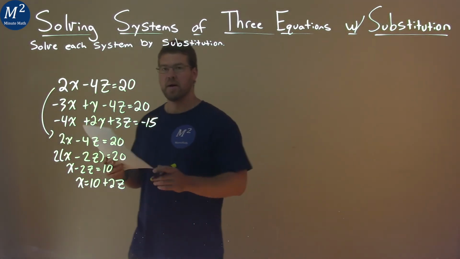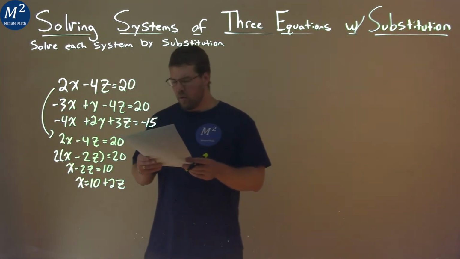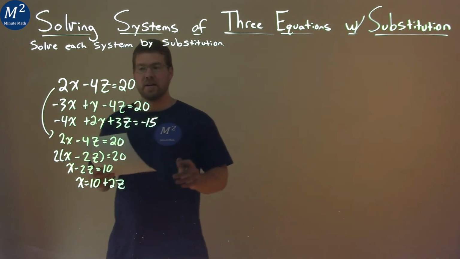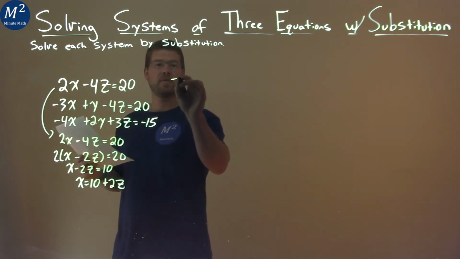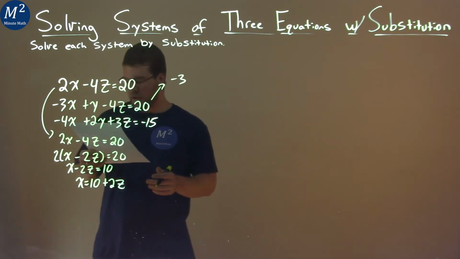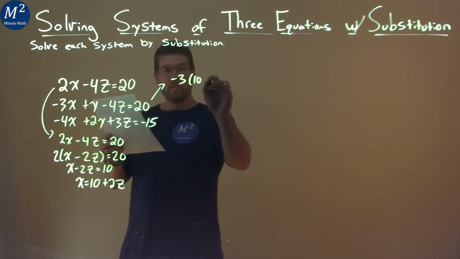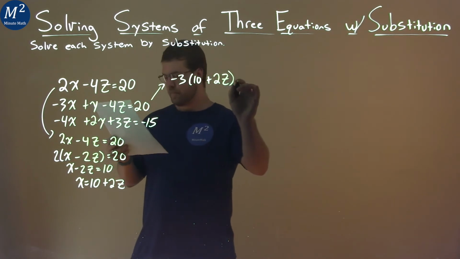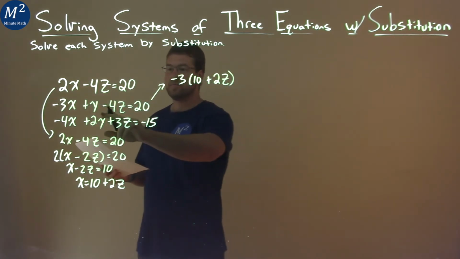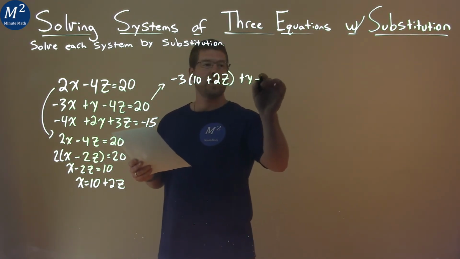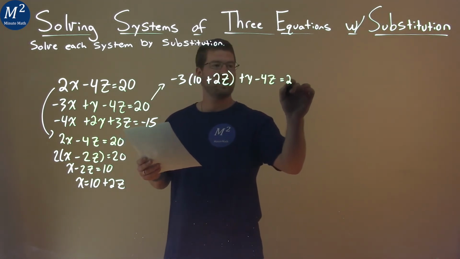Pretty easy to get x by itself. Well, I can use that information now with my second equation. So negative 3 here. But instead of x, I'm going to write in terms of z. 10 plus 2z. And then we have just plus a y, minus 4z equals 20.